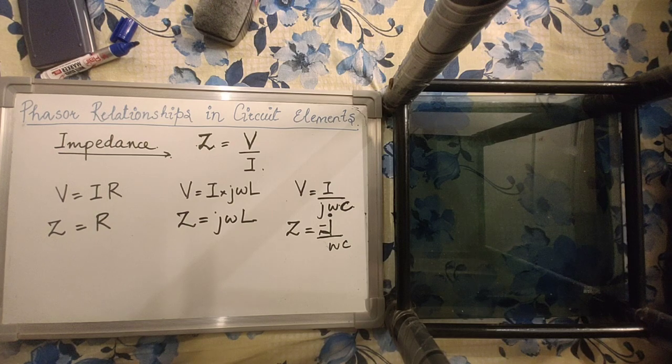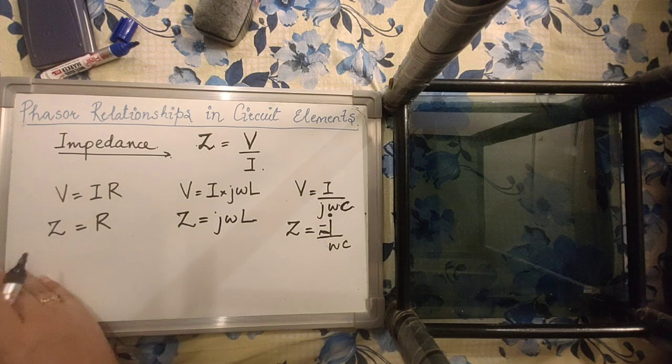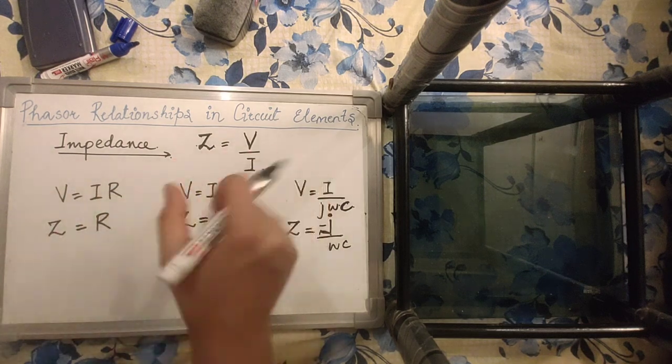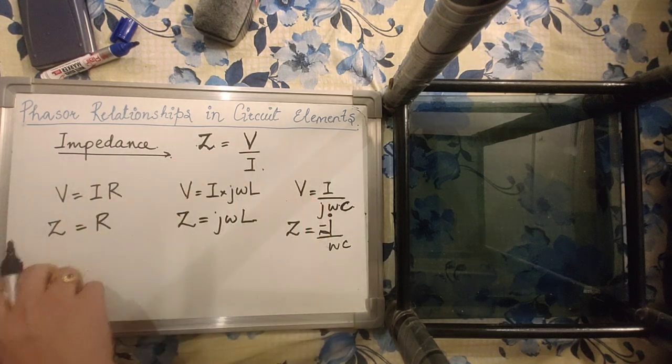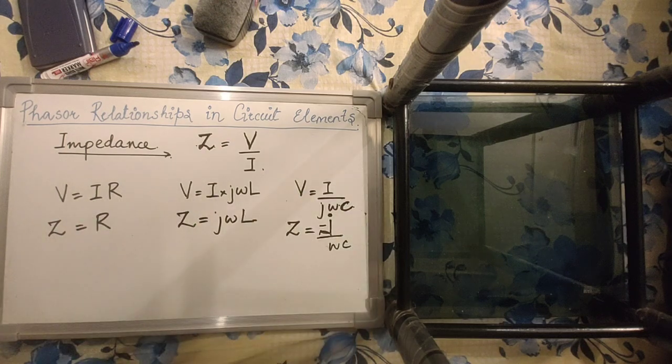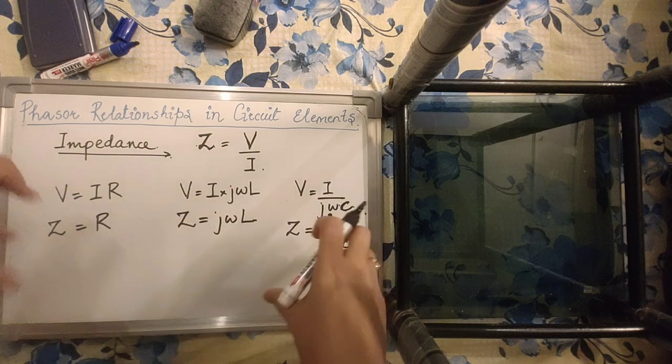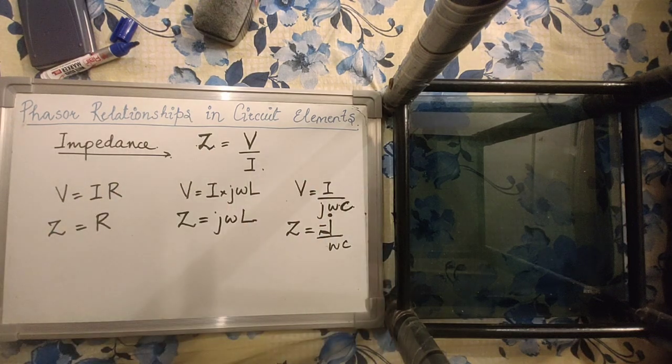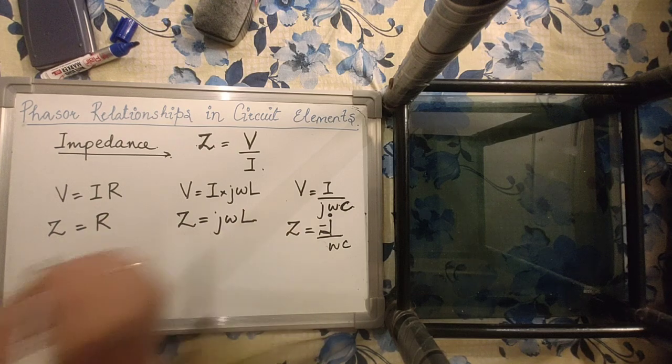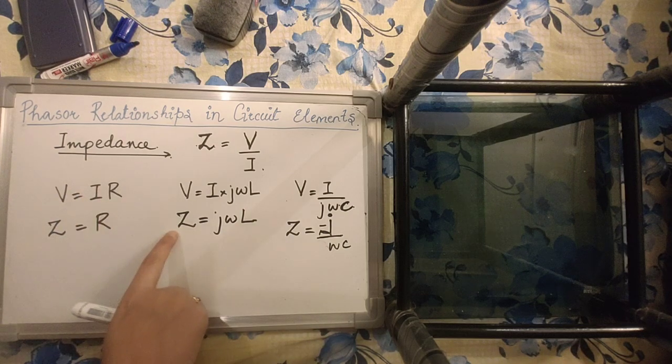However, most types of circuits are not just resistive or just inductive or just capacitive. You may have a combination of resistances, inductances, and capacitances in your AC circuit. In that case, your impedance will be a combination of all these elements. But before we go into those kind of circuits, I would briefly tell you something about the role of frequency in impedance.